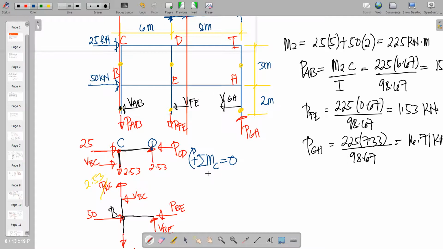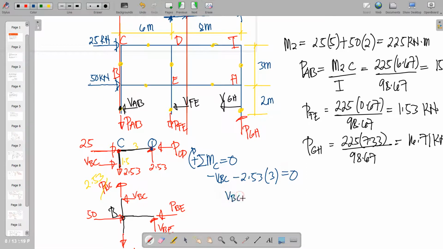We have negative VBC, this is 1.5 and this is 3. So we deduct this one, negative 2.53 times 3 is equal to 0.